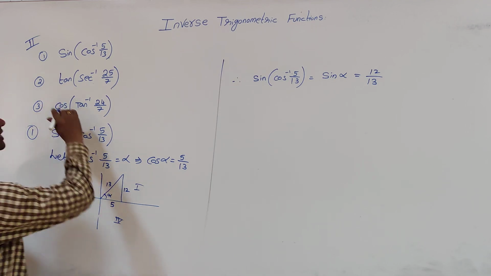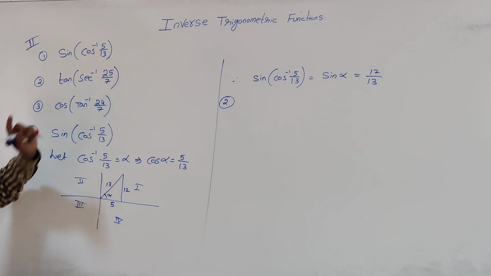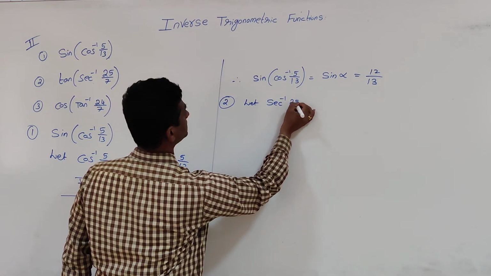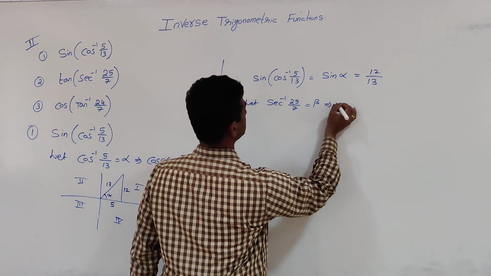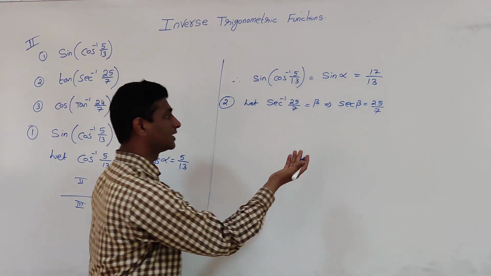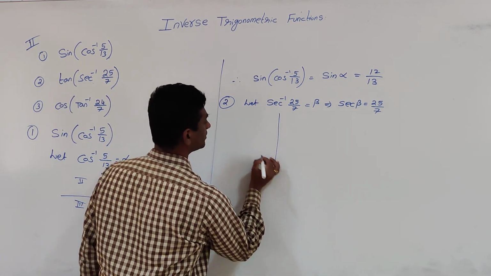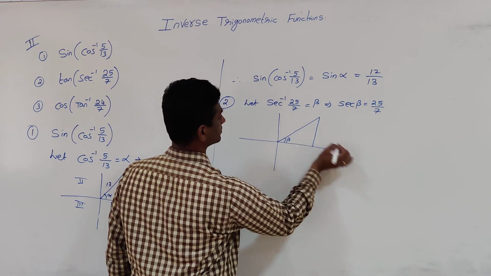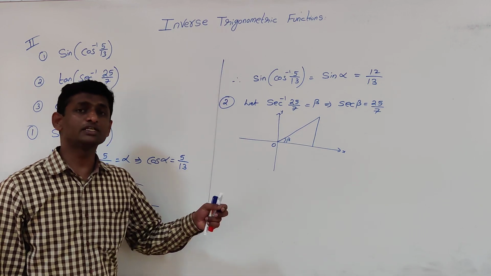Next, we'll go for the second one. It is also similar. Let secant inverse of 25 by 7 be beta. From this, secant beta is 25 by 7, meaning again it is positive. So go for one right angle triangle in the first quadrant with angle beta. Secant beta is 25 by 7 means hypotenuse by adjacent side.